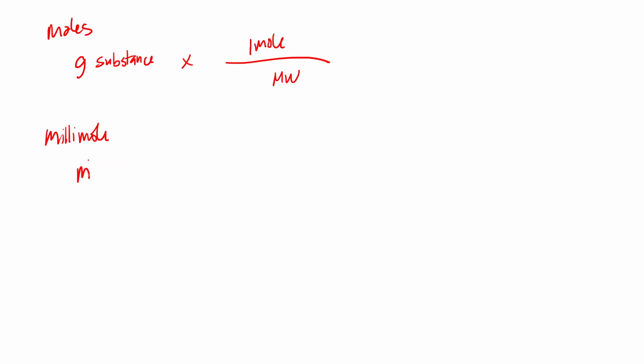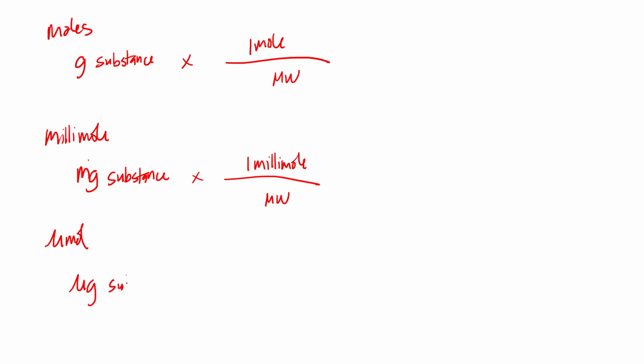You just use milligrams of substance divided by molecular weight, and you get millimoles. For micromoles, you use micrograms of substance divided by molecular weight, which is equivalent to micromoles.